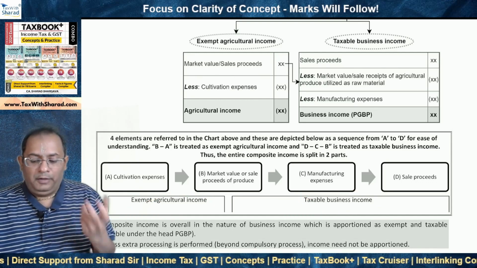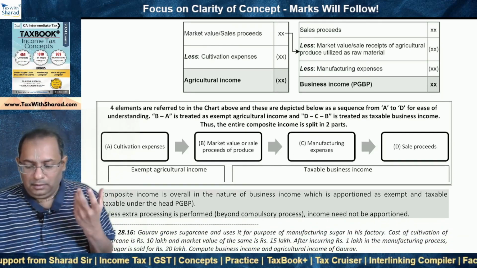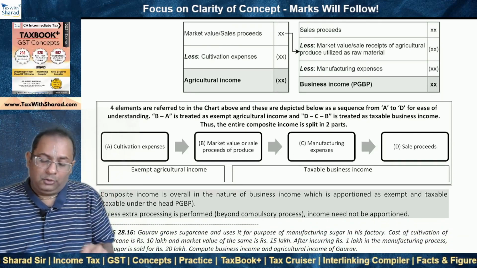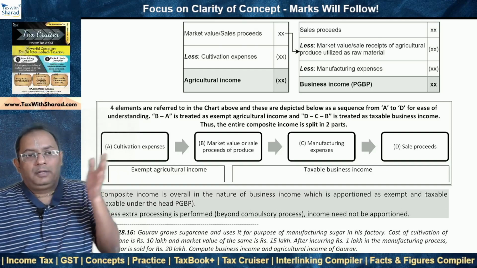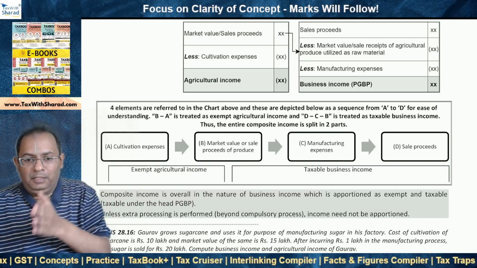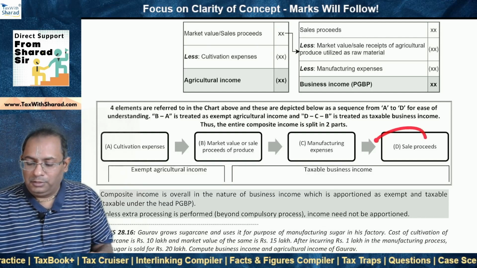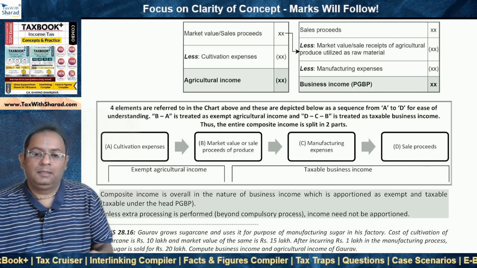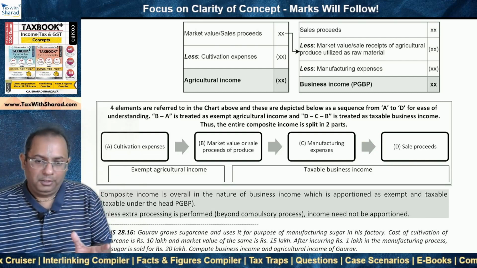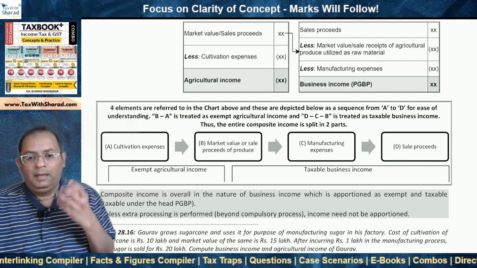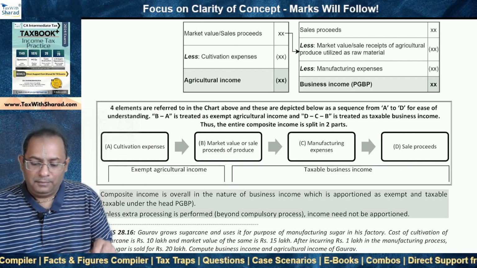Now there is also a different way to look at this to understand it better. In this whole process, sugarcane is being produced, sugar is being manufactured, and then the sugar is being sold. So what you ultimately get in terms of sale proceeds is the revenue that you generate from the entire operation, A to Z. Okay. And what are the actual costs that are incurred?